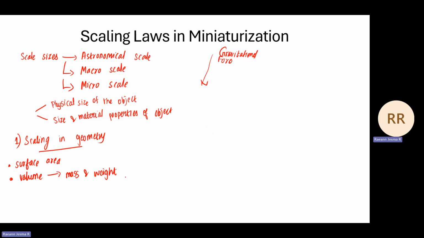Again, this is related to both mechanical and thermal inertia. So thermal inertia is related to the heat capacity of the solid, and the heat capacity of a solid is a measure of how fast we can heat or cool a solid.